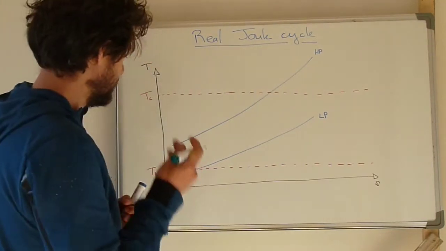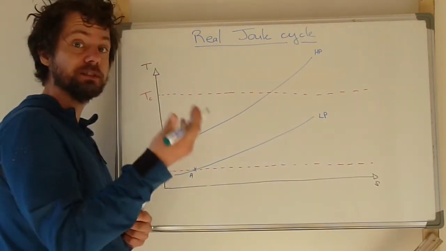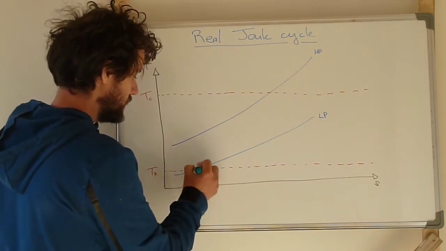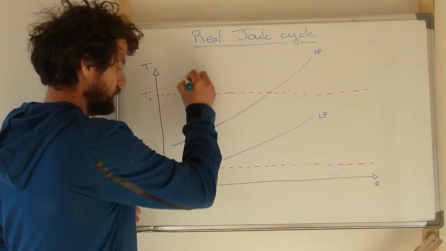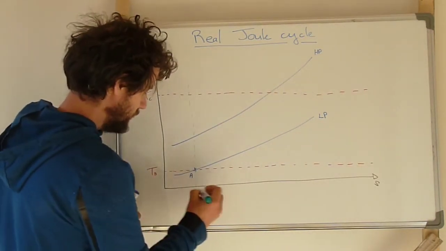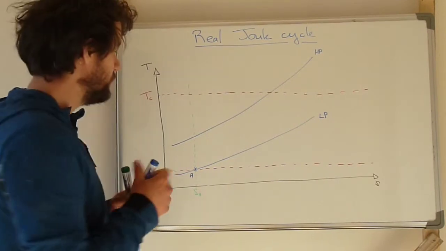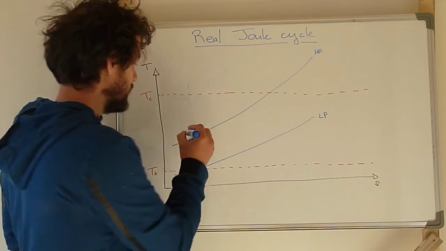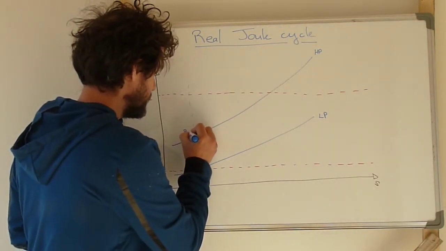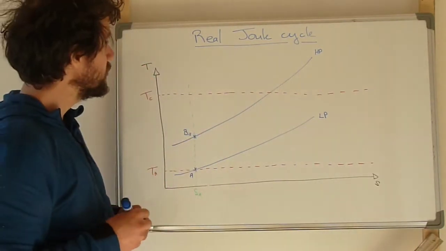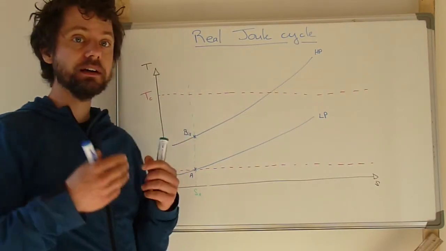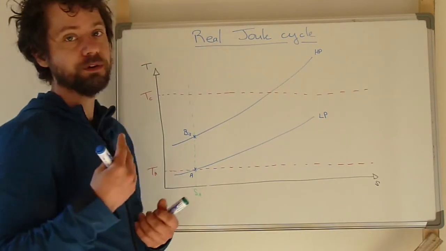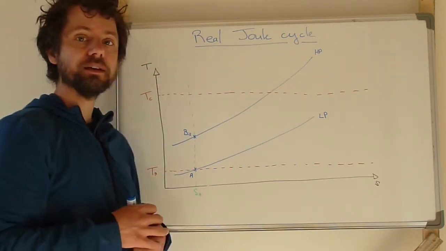So if it's reversible, because it's adiabatic, there's no entropy change. So we can plot here the specific entropy of point A, and the intersection with the high pressure line corresponds to this intermediate point, which we can call B isentropic. And this point corresponds to the previous point B we had for the ideal Joule cycle.